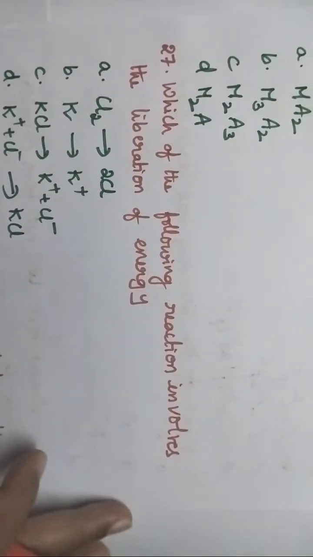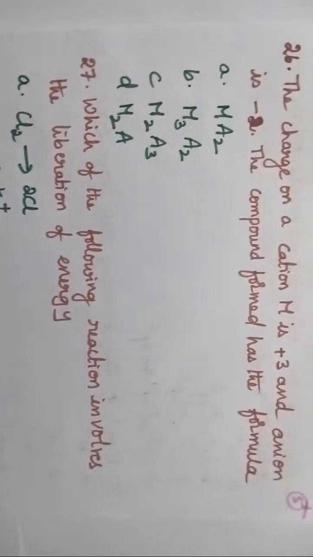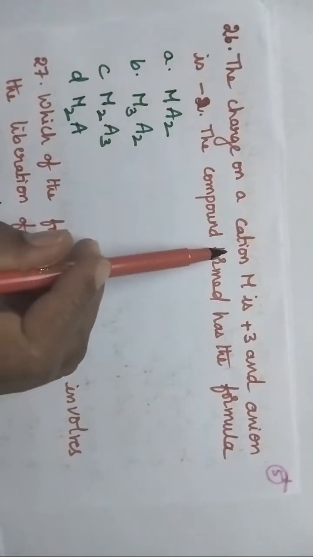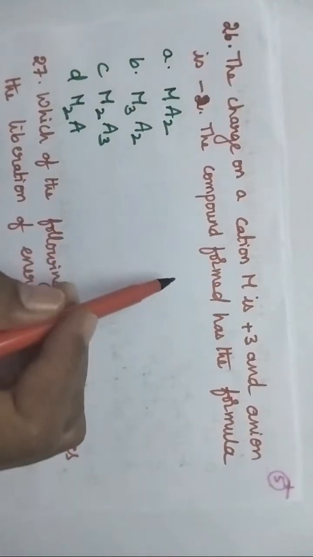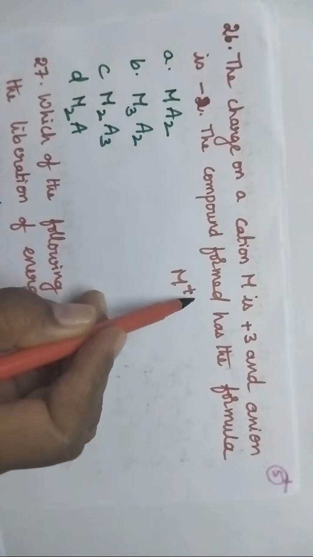So now let us discuss very simple questions. You can identify more readily. The charge on cation M is +3, and the charge on anion A is -2. Identify the compound formed. What is the formula of the compound formed?